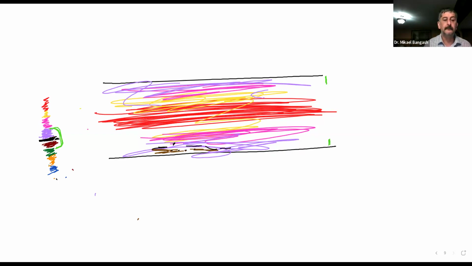Did that make sense? In this vessel, where do we have the low velocities? By the vessel walls. So these low velocities will be filtered out.